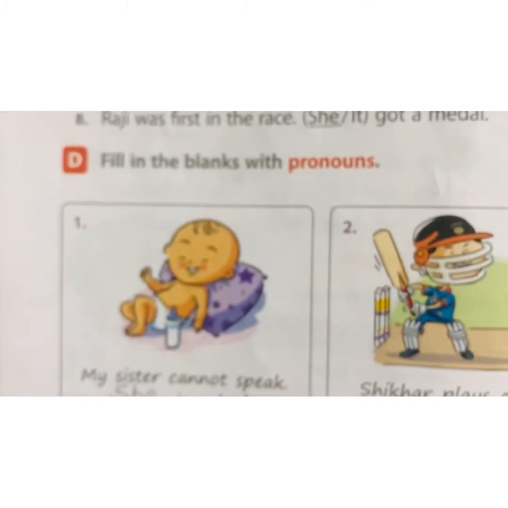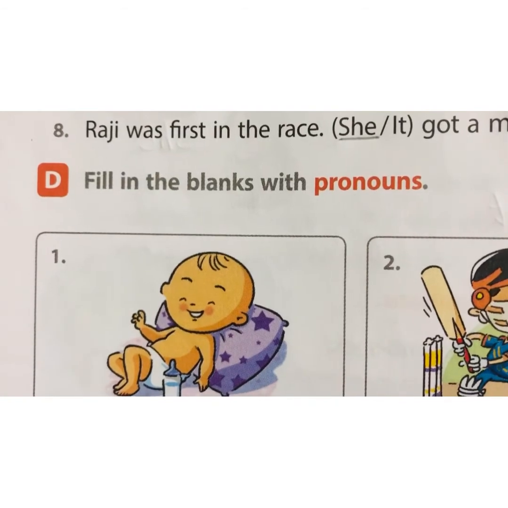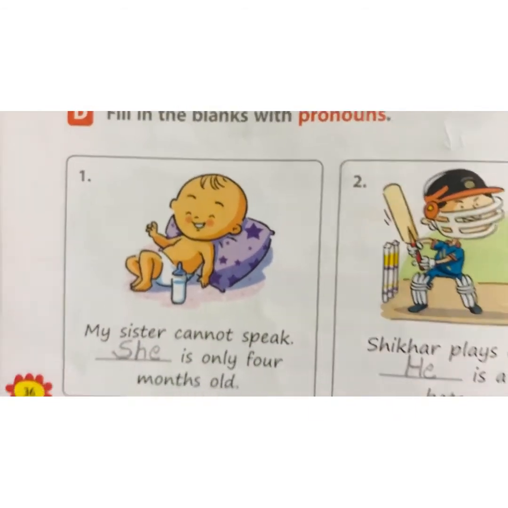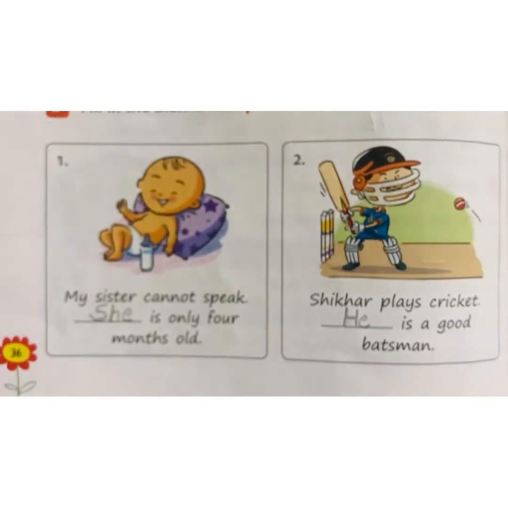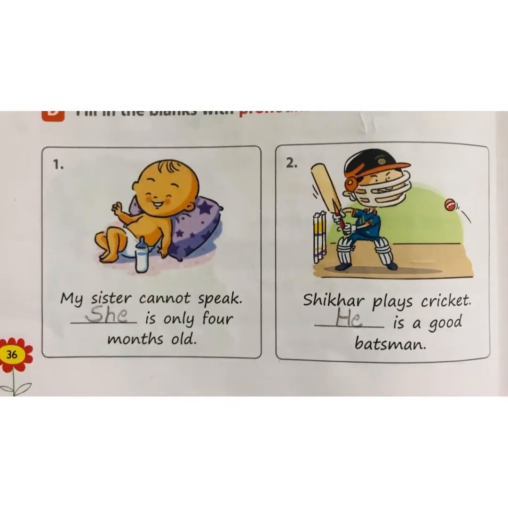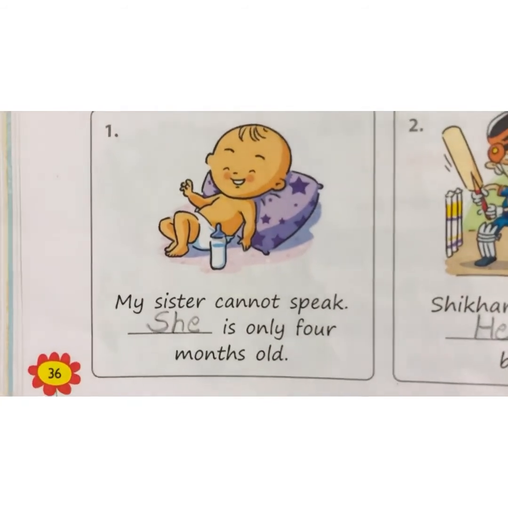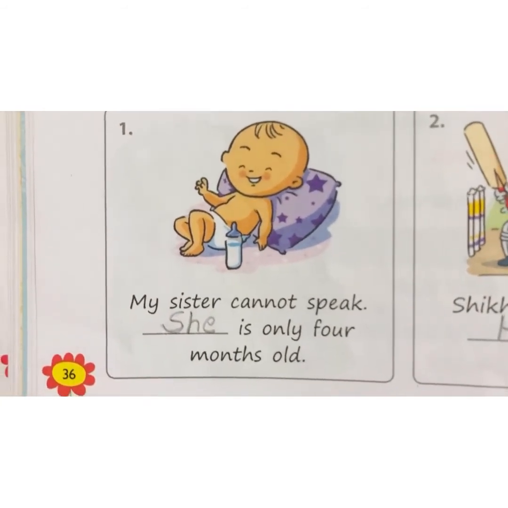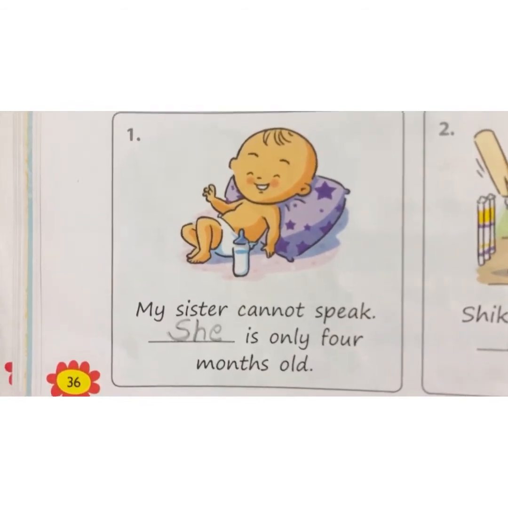The next question D is fill in the blanks with pronouns. Here are some pictures given. With the help of these pictures, we will fill in the blanks. The first one is my sister cannot speak. Dash is only 4 months old.